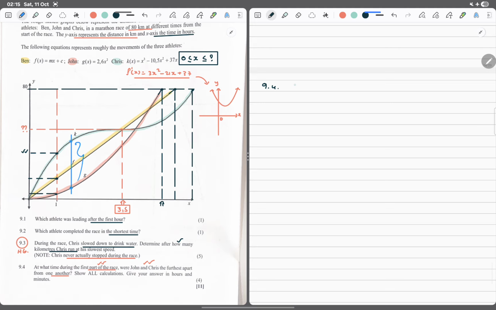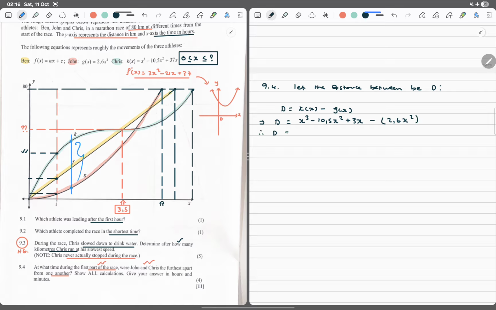So 9.4, we can say let the distance between them be capital D, such that D is equal to K of X minus G of X. This implies that D is X cubed minus 10.5 X squared plus 37X minus 2.6 X squared.